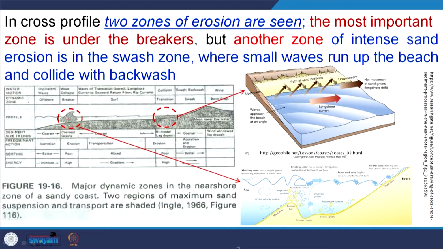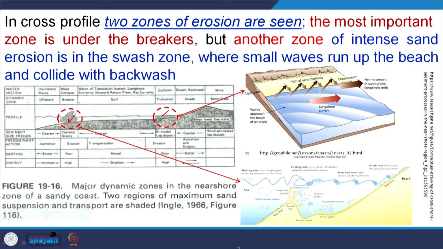If we take a cross profile from seaward to land, we will find two major zones of sand generation or sand movement. One is very close to the shore, another is close to the breaker zone.